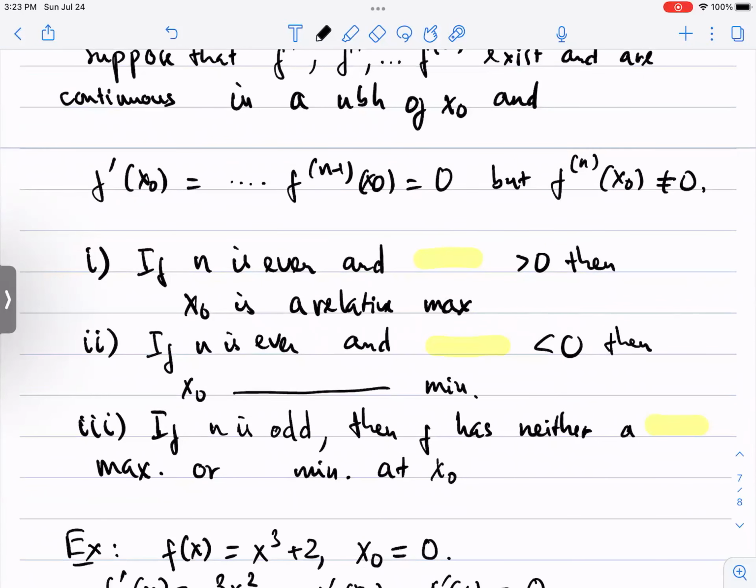If n is even and the n-th derivative here is greater than 0, then f(x0) is a relative maximum. If n is even and the inequality is reversed, that is, the n-th derivative of the function f evaluated at x0 is negative, then f(x0) is a relative minimum.